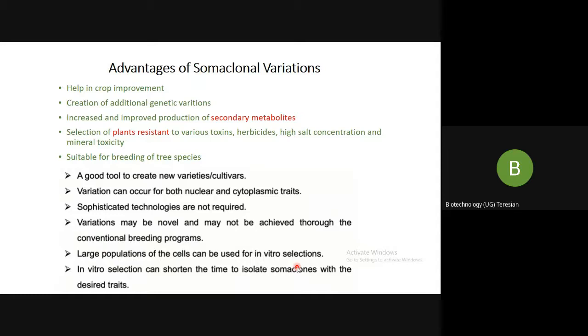Instead of growing one, two, three, four plants, which is countable, grow many plants. I showed you a slide of a tissue culture lab, where in just tissue culture bottles you develop so many plants. In vitro selection can shorten the time to isolate somaclones with the desired trait. We saw those two things, right?